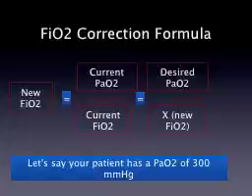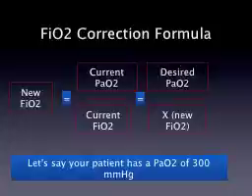Okay, this is the FiO2 correction formula. If I have a patient on a certain FiO2 and they have a certain PaO2, and I want to adjust that PaO2 up or down, this is a formula that I use to do it. It is nothing more than a very basic dimensional analysis.